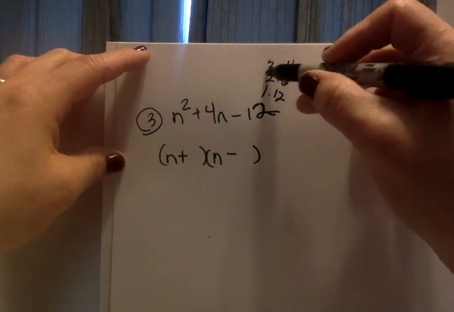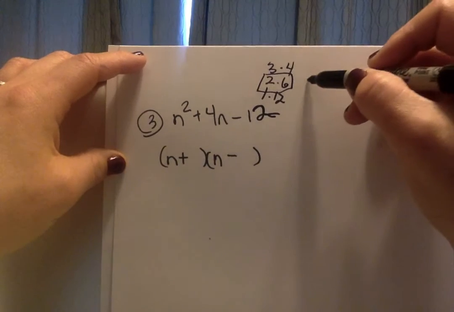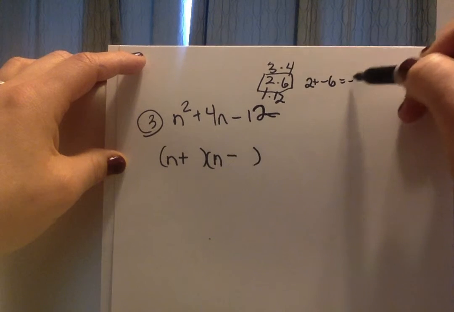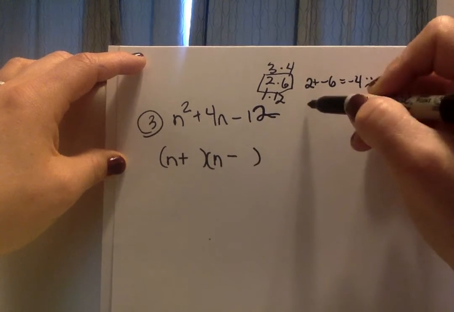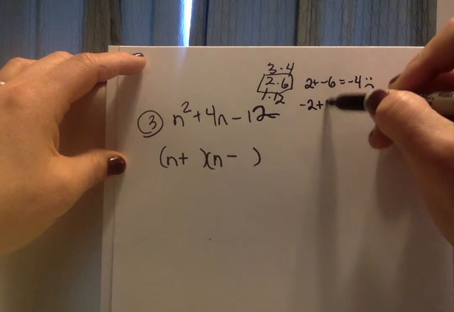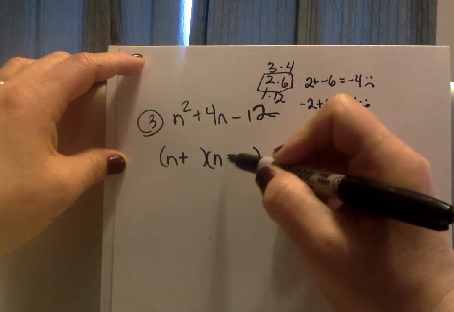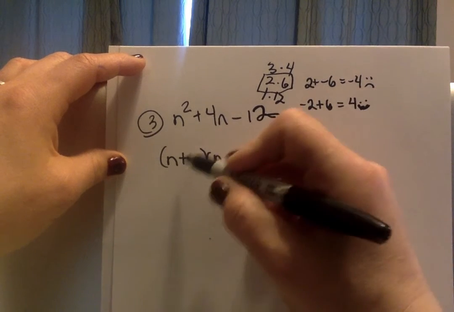And our answer would be right here. Because if we have a positive 2 and a negative 6, that'll give us negative 4. We don't want that. But if we have a negative 2 and a positive 6, that'll give us positive 4. That's a smiley face, sorry. So let's do n minus 2, n plus 6.